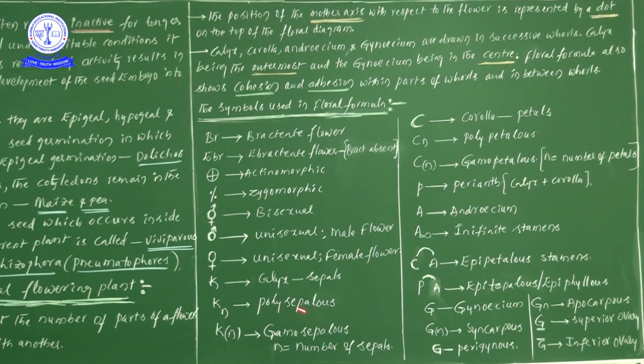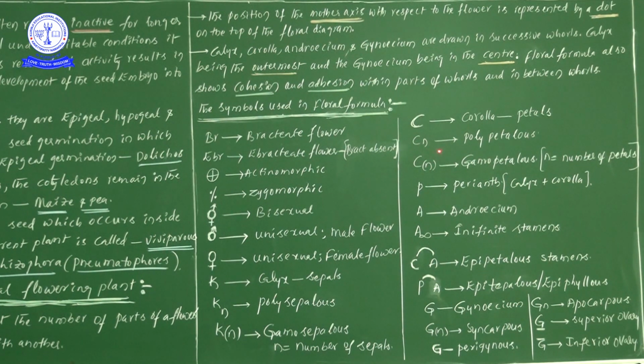Free means polysepalous, and fused, with the bracket, indicates the gamosepalous condition. Now, C indicates corolla. The corolla members are petals.